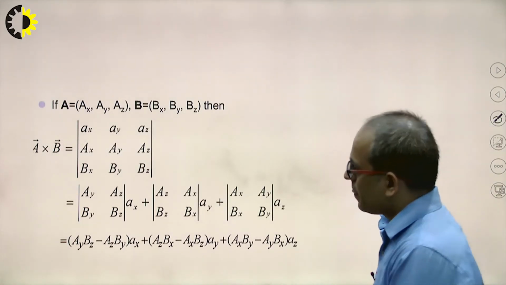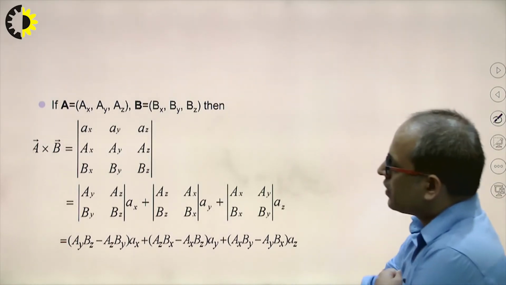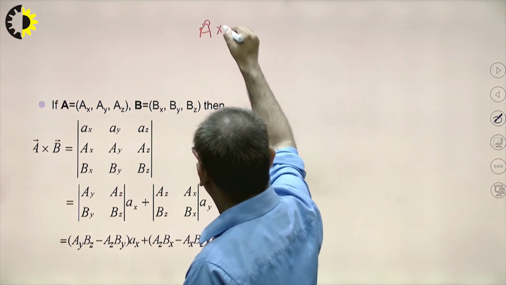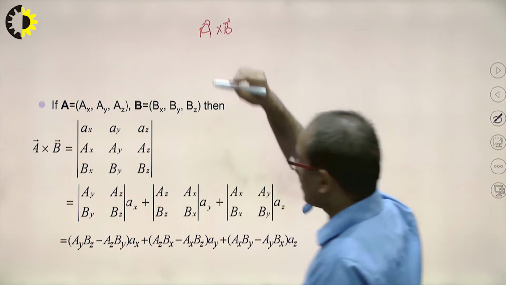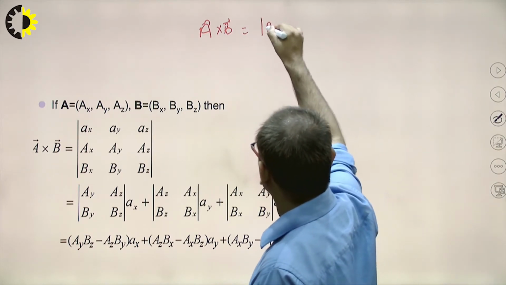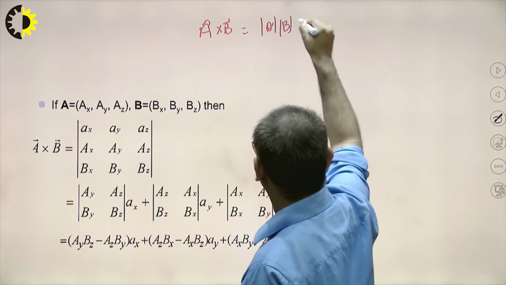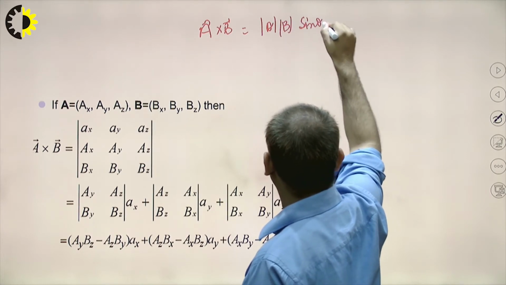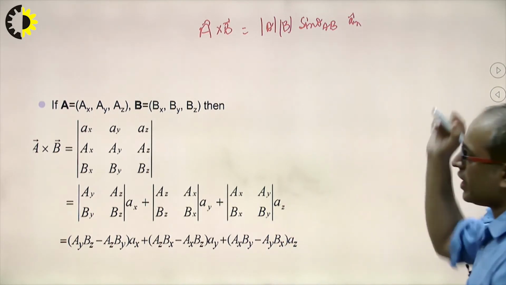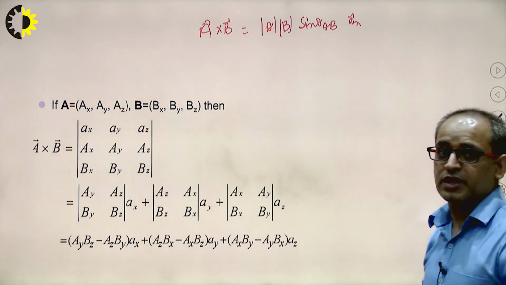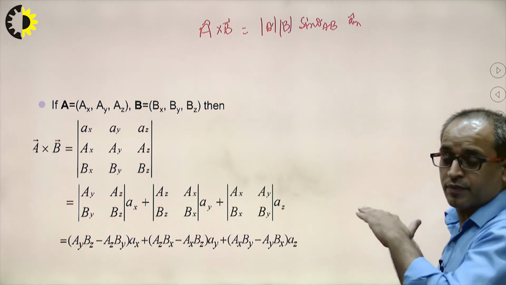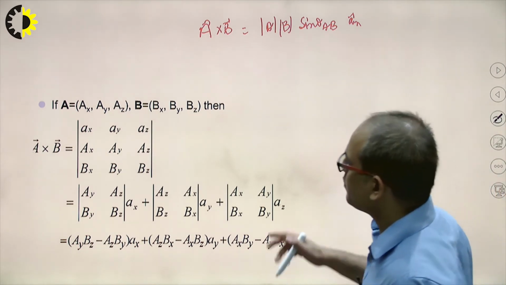Now see the method for cross product. How do we take the cross product of two vectors? A cross B is equal to what? This one is the formula. This n may be x, y, z, anything, but it will be perpendicular to the direction of the two vectors. Clear?